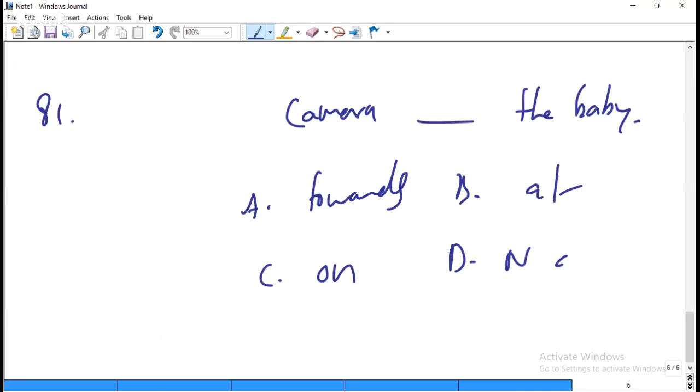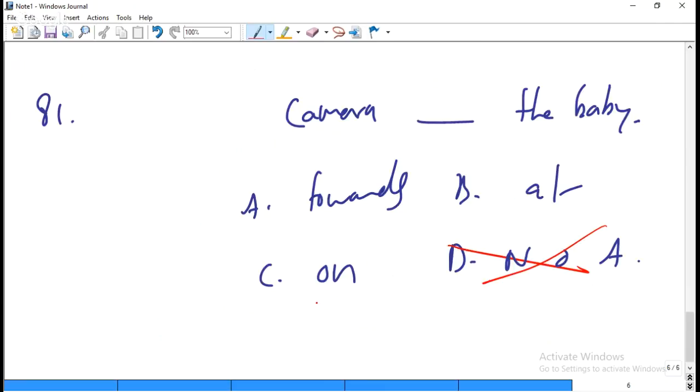Option D is none of the above. When I pointed my camera, dash the baby. So without any preposition, it is not possible to complete the sentence. So none of the above is not taken. Even if you don't go through the options, it is very clear. So we can eliminate D.